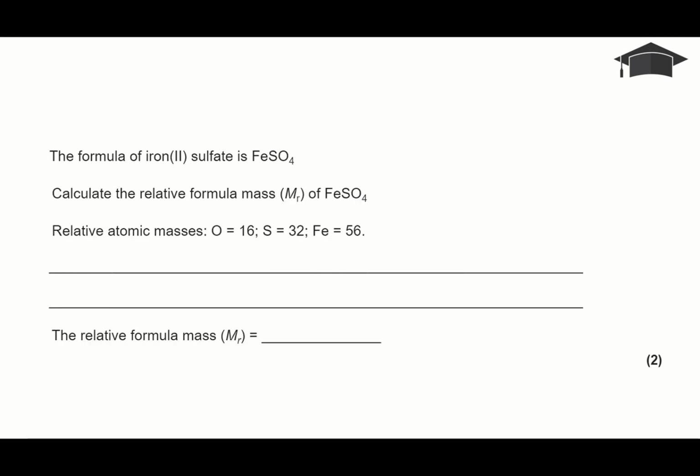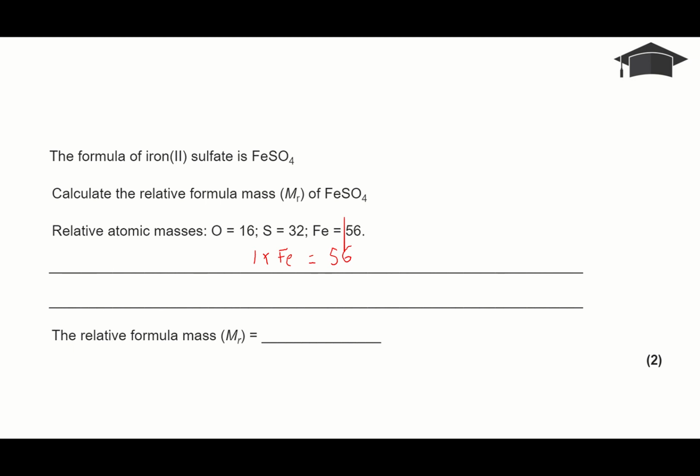So let's look at something a bit trickier this time. Iron sulfate. Iron 2 sulfate. It's a balanced formula. Now that's something we'll look at in a later video, but the formula is balanced. We could work that out, but like I said, we'll look at that in a different video. So iron, there's 1 times iron, let's write that down, which equals 56.